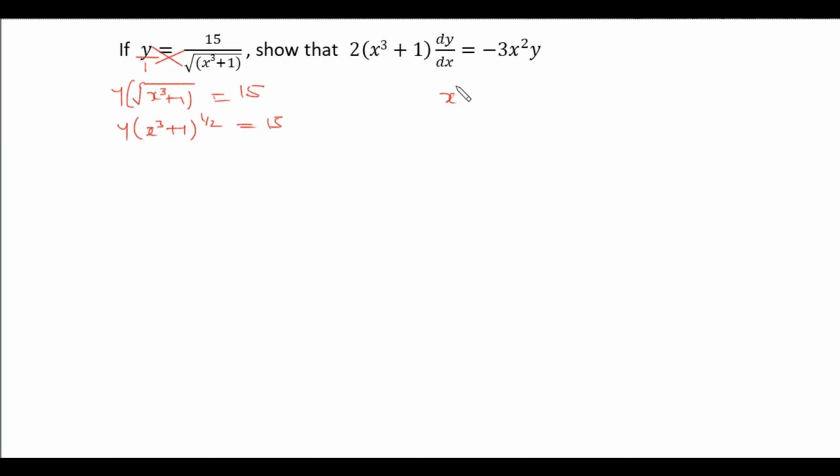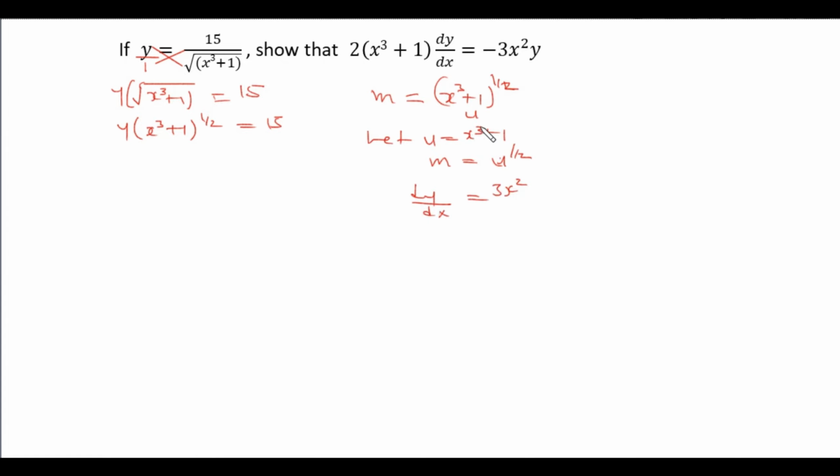We differentiate x cubed plus 1 all raised to the power half. Let u equal x cubed plus 1, and then m equals u raised to the power half. Differentiating u, du dx is equal to 3x squared.